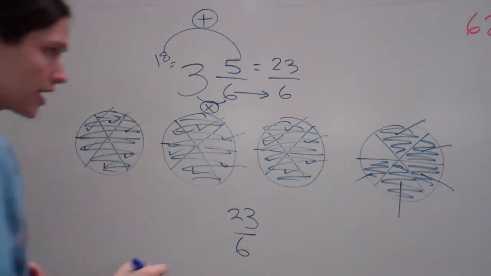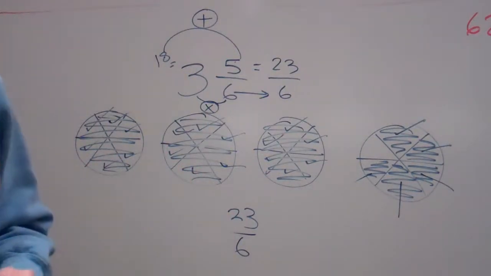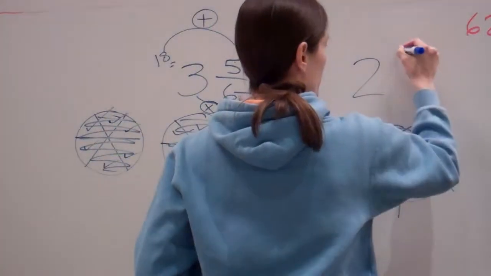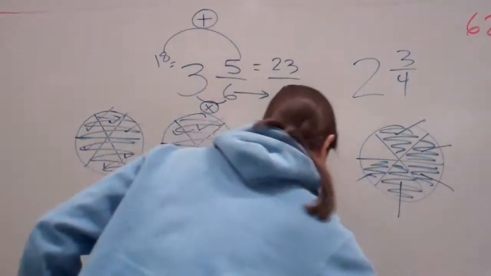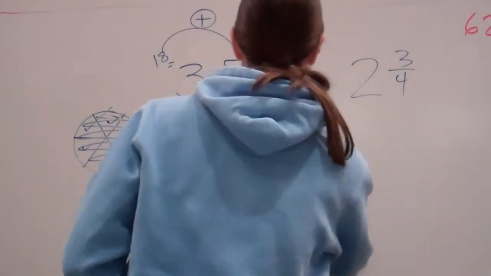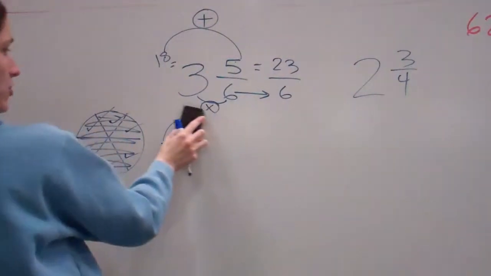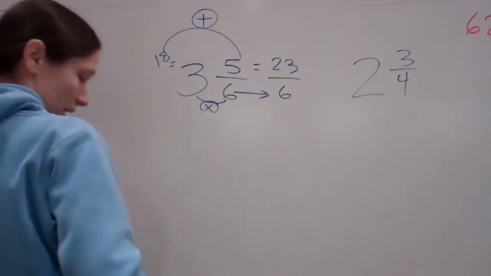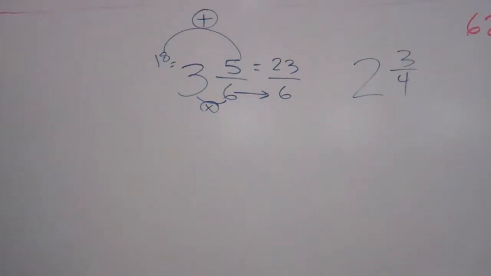All right, let's do another one mathematically. 2 and 3/4. Okay? Do it on your paper if you think you know how. I'll leave this one up here as an example, and then we'll do it together. Do that one on your paper.